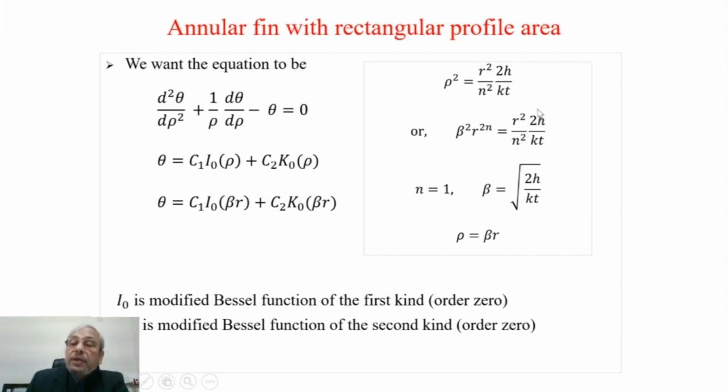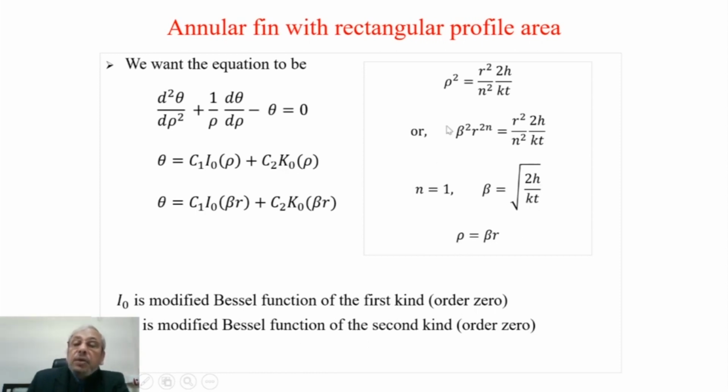H is the heat transfer coefficient, K is the thermal conductivity of the material, t is the thickness of the fin. These are all physical parameters. Now if we substitute n equal to 1, then beta becomes directly a function of all these physical parameters, and beta becomes root over twice h by kt.